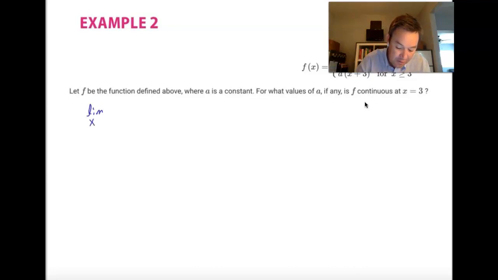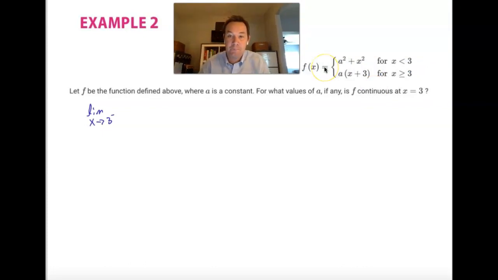So we just need to look at the limit as x approaches 3 from the left of f of x. Approaching 3 from the left, I'm using this top piece, and I'm just going to do direct substitution of 3 for x. So I'll get a squared plus 3 squared, which is a squared plus 9.